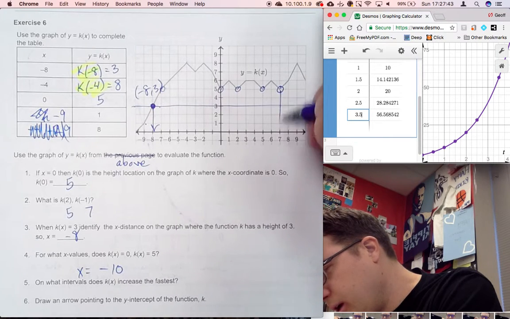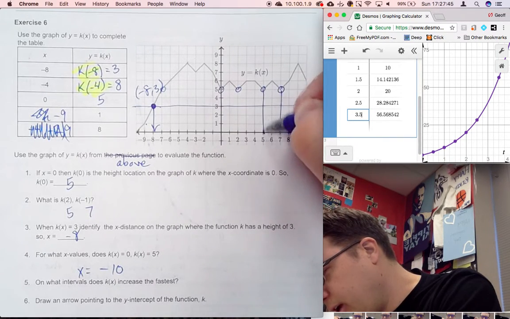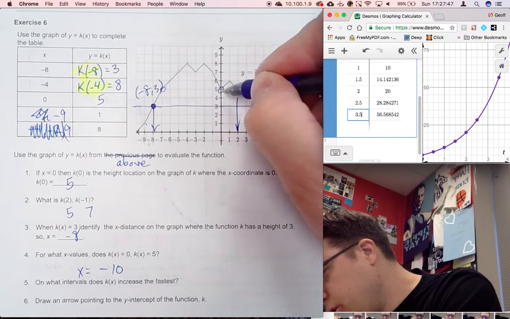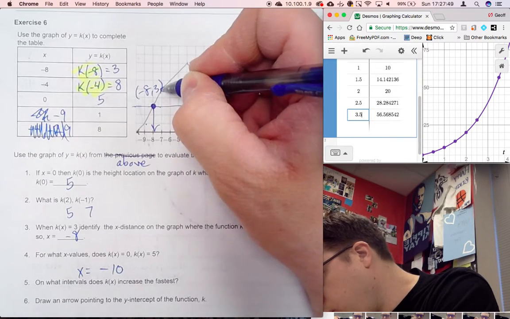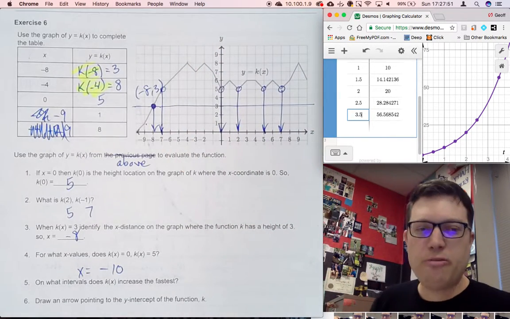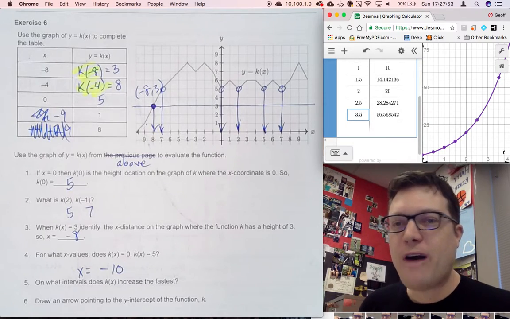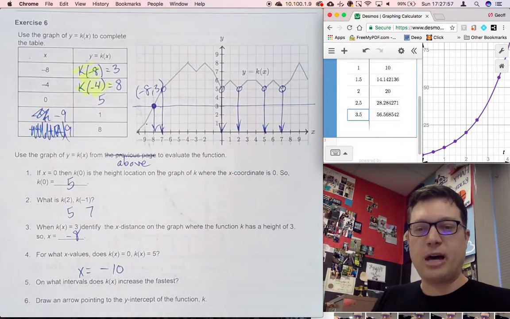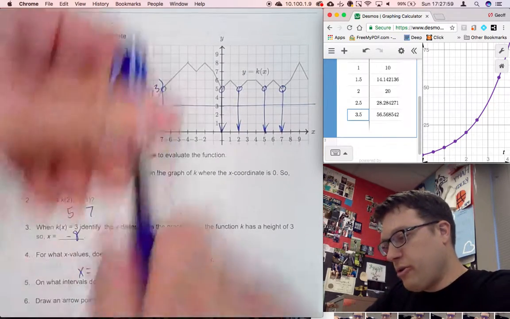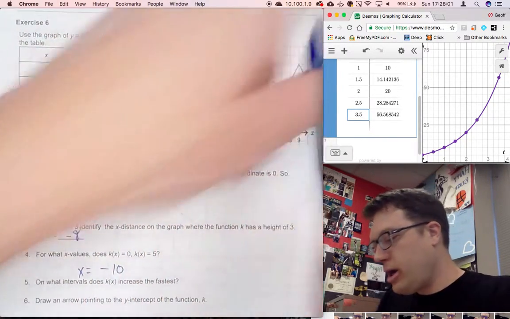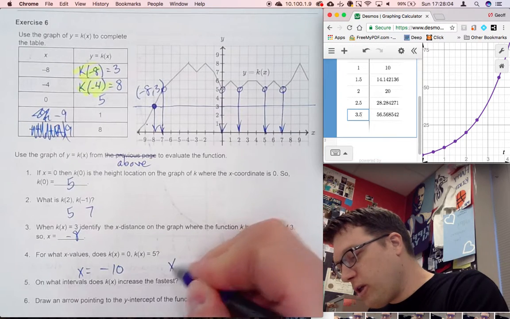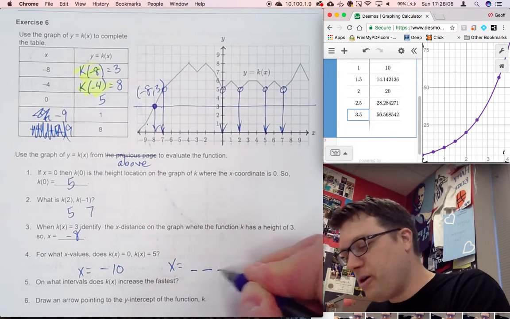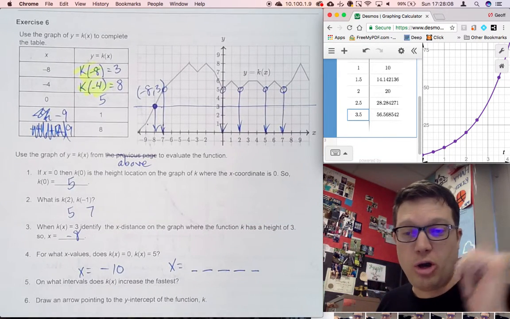So that'd be 7, and 5, and 2, and 0, and negative. There's a lot of places where the function has a height of 5. Those all have the same height, but they occur in different x values. That's still okay. It's still a function. Vertical line test continues to work, but there are several x choices. So fill in whatever your favorite one is or fill in all of them.